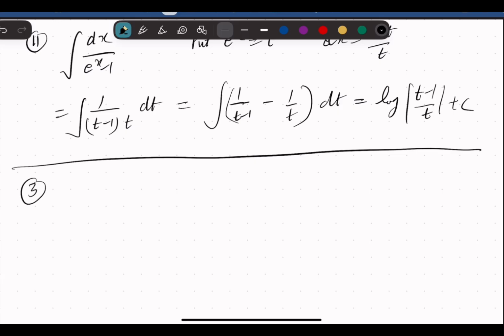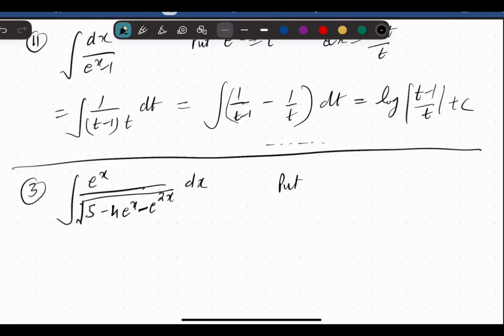Now the third question is the integral of e power x over the square root of 5 minus 4 e power x minus e power 2x, dx.